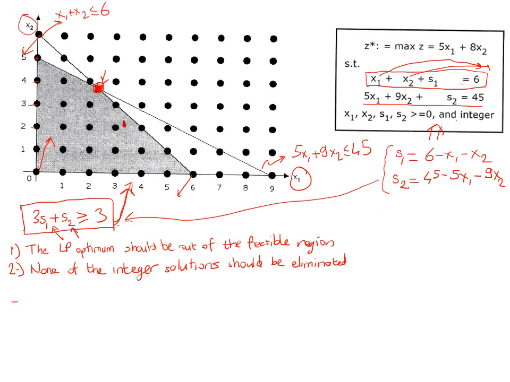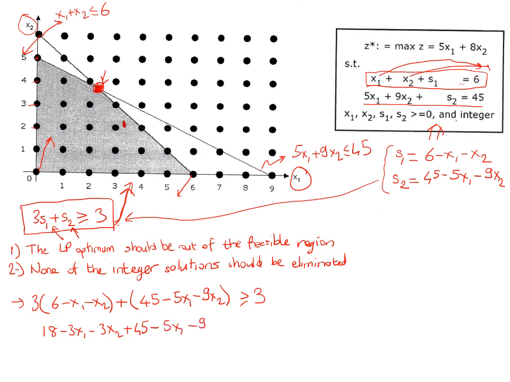Let me write it here. 3 times S1, and for S1 I am writing 6 minus x1 minus x2, and for S2 I am writing 45 minus 5x1 minus 9x2, and the right hand side is greater than or equal to 3. Okay, so let's open this. 18 minus 3x1 minus 3x2 plus 45 minus 5x1 minus 9x2 greater than or equal to 3.